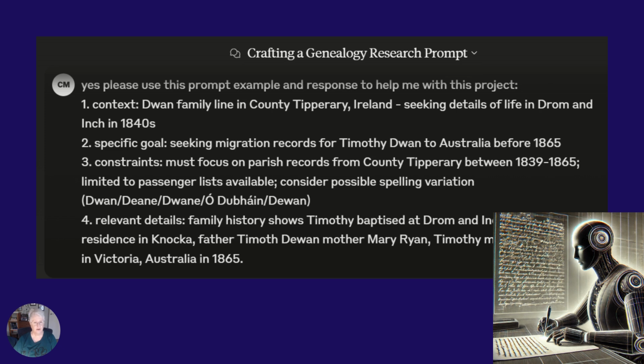And then I put in the names of his father and mother, and the fact that he married in Victoria, Australia in 1865. So I clarified the context. I noted the specific goal, listed the constraints, added in the facts. So Claude's response provided interesting details in the context expansion, specific goal refinement, constraints detail, and relevant details expansion.